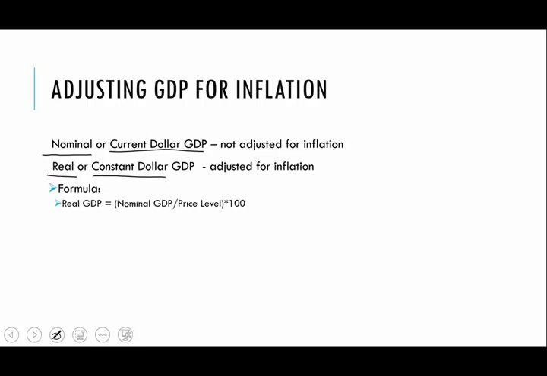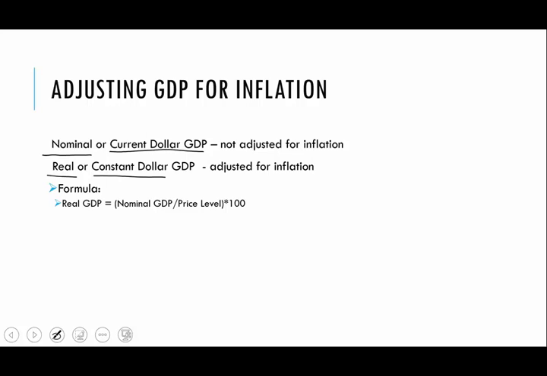The formula is real GDP is equal to nominal GDP divided by the price level times 100. Now the price level is something that you may not be familiar with yet. It's introduced in the chapter on inflation, and you might not have had the chapter on inflation yet.